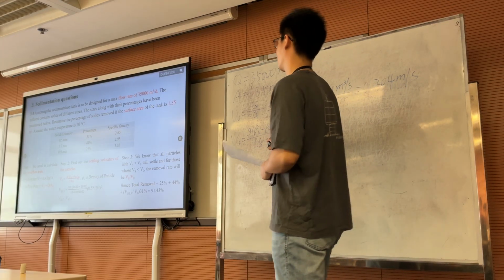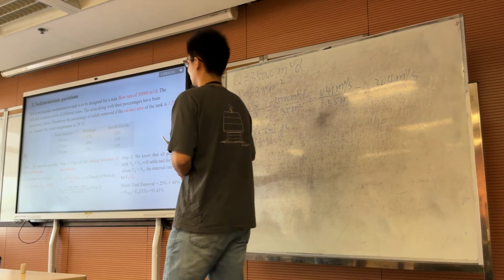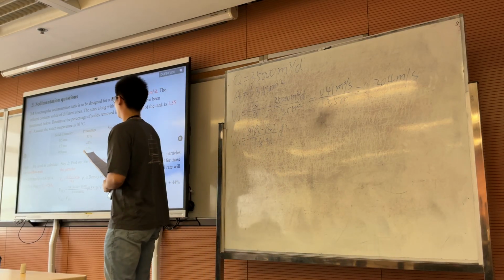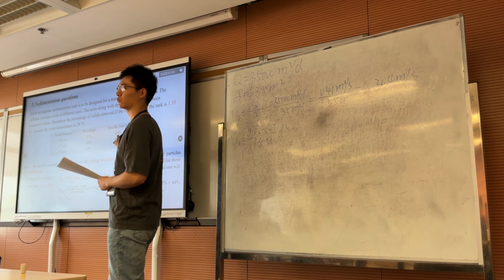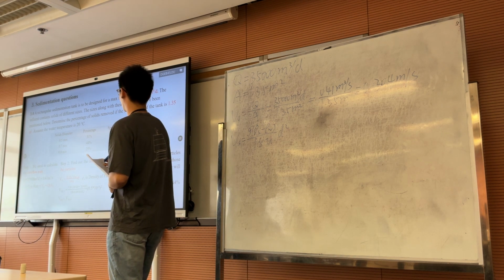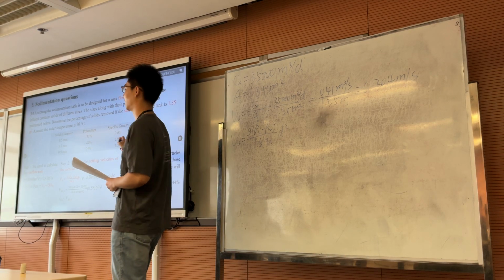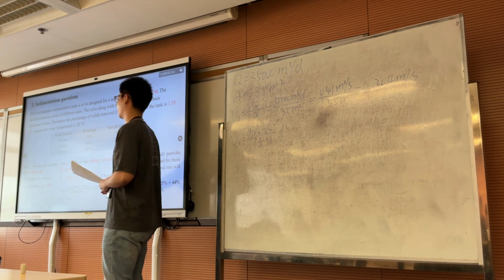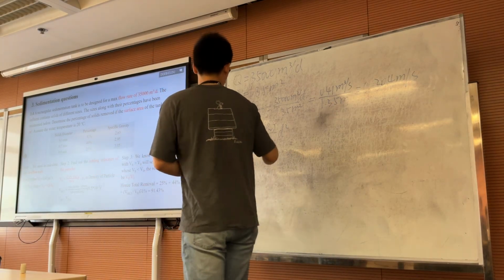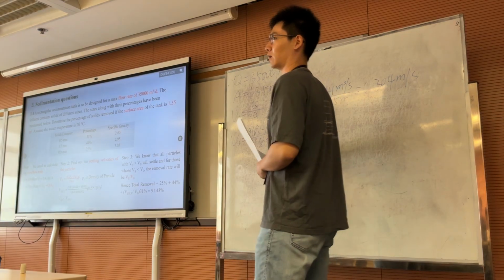Rho s and rho w are the density of the particles and water. To get the density of the particle, we use specific gravity: specific gravity times 1000 gives the density of the particle. Mu is a constant, and d is the diameter of the particle.